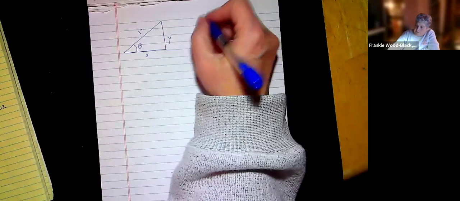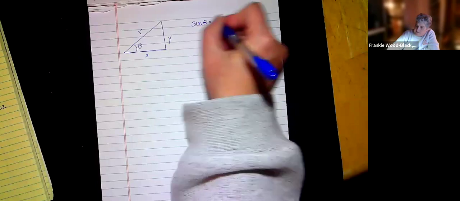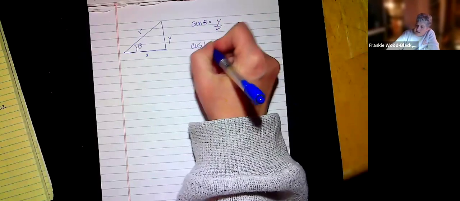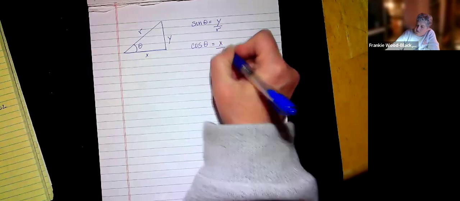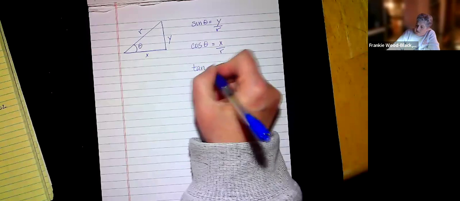If you remember that sine of the angle is going to be Y over R, cosine of the angle is going to be X over R, and tangent of the angle is Y over X.